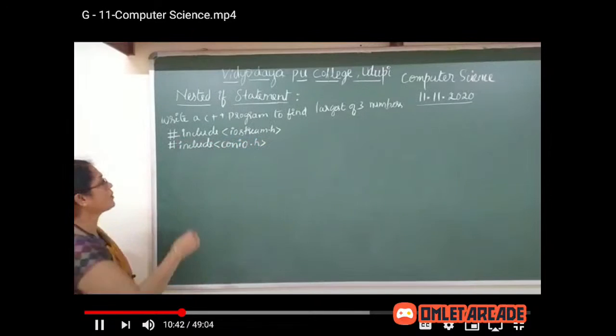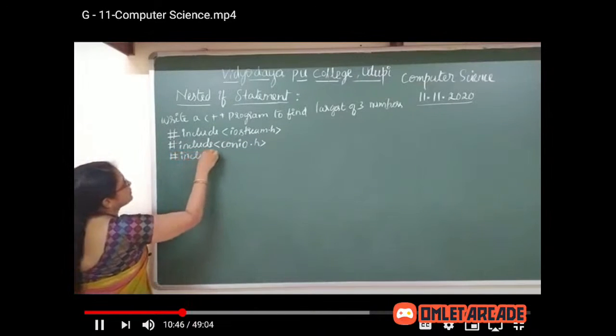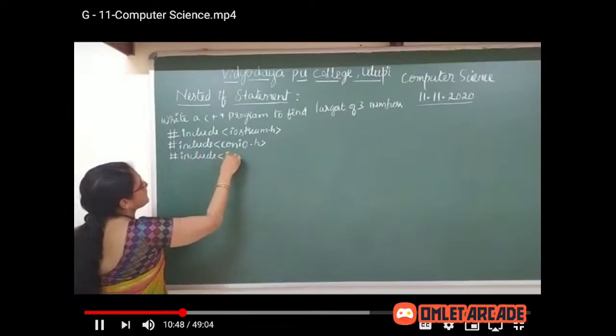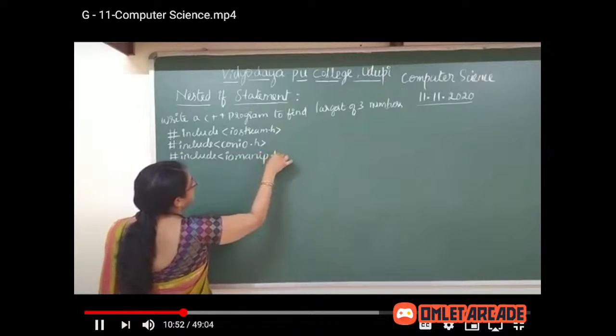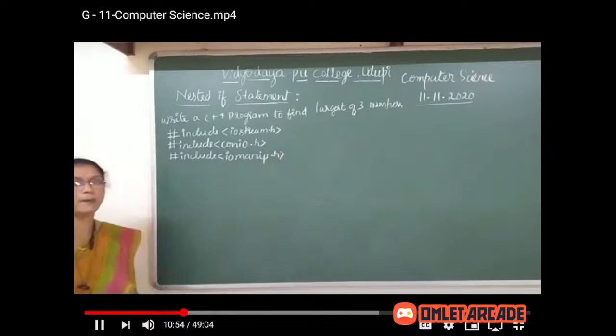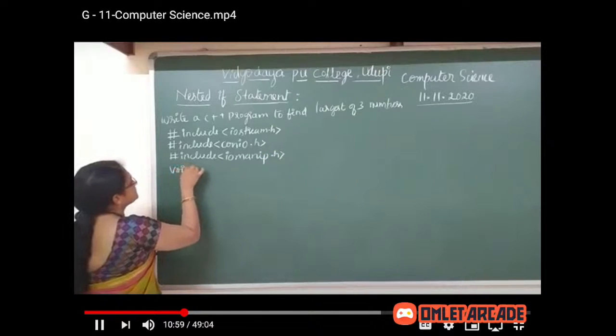Next, iomanip.h. Hash include iomanip.h. Next, void main.